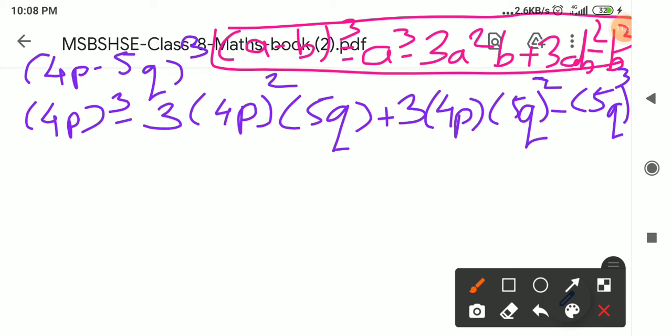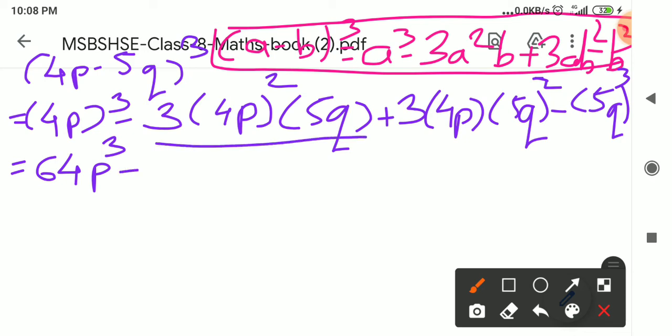Now let us solve further. It is equal to 4 cube: 4 4s are 16, 16 4s are 64p cube. Now we have to solve this part of the example. So minus 3 into bracket 4 square is 16, p square is p square.